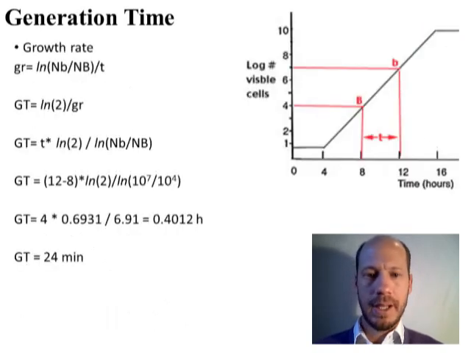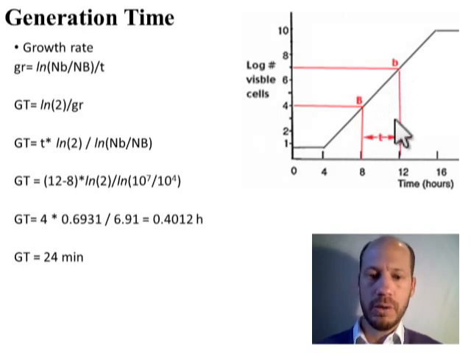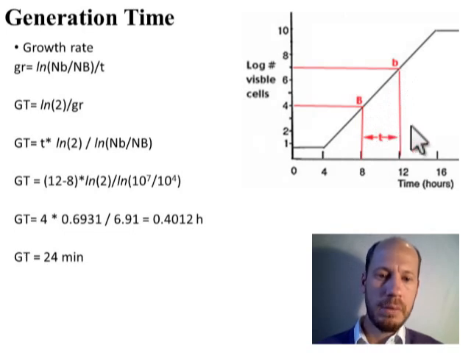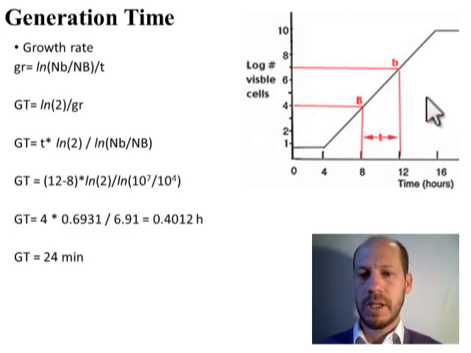Because it's an exponential process, in the exponential phase of growth that we have here, if you know the concentration of cells at two different times, then you can calculate the generation time using the process I'm going to explain here on the left.